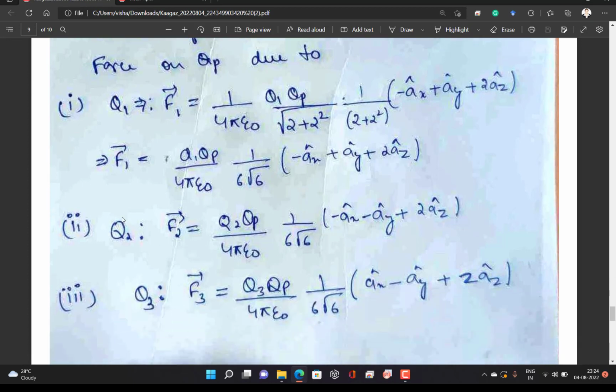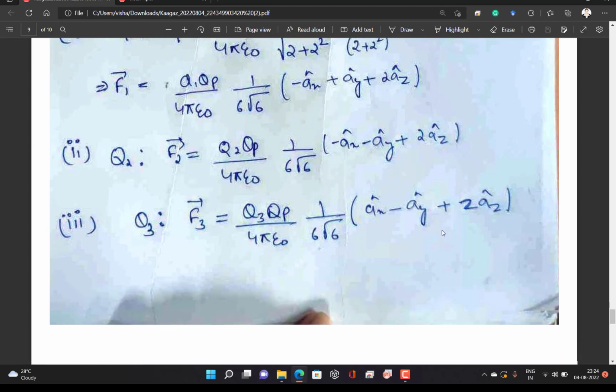Alright. Similarly, we can find the force by Q2 on QP. Again put it in the formula: 1 upon 4 pi epsilon naught, Q2 QP, 1 upon R squared, the separation between Q2 and QP, and then the unit vector.